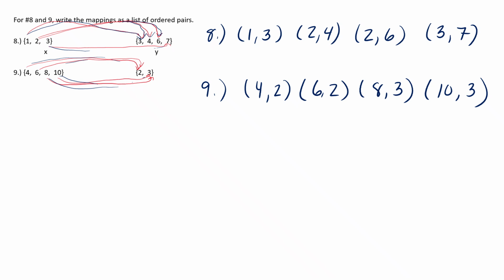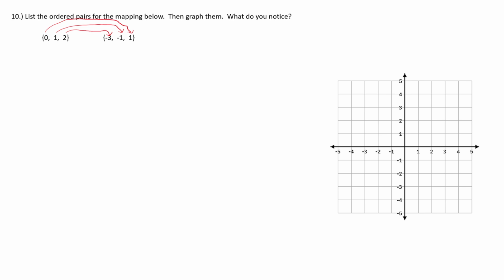All right, last one. List the ordered pairs for the mapping, then graph them. And what do you notice? So in this one, we have 0 mapping to a 1. We've got 1 mapping to a -1. And we have 2 mapping to a -3.